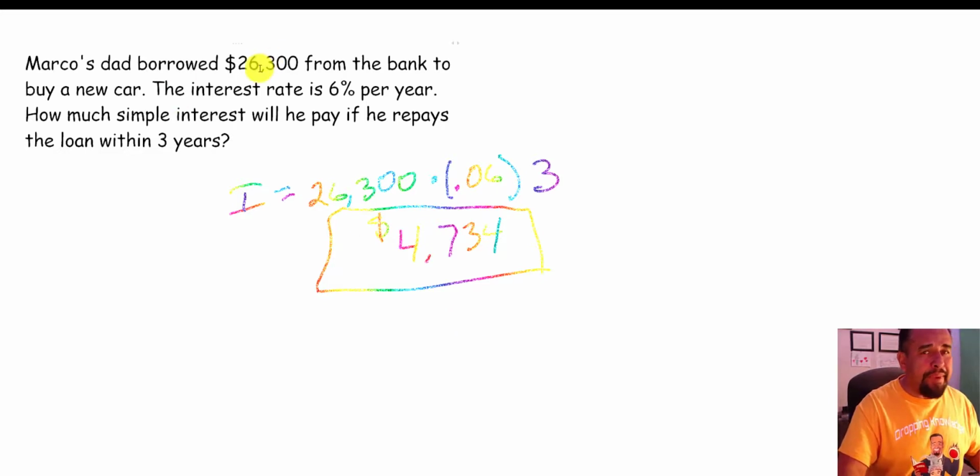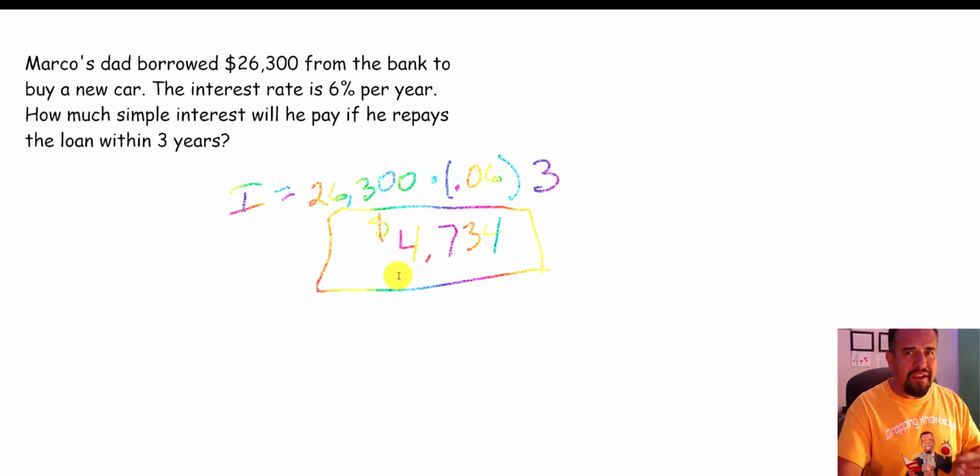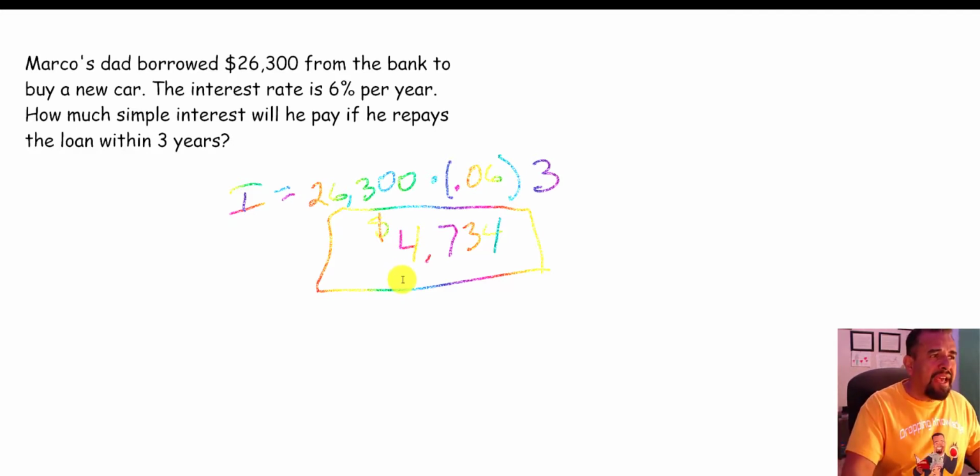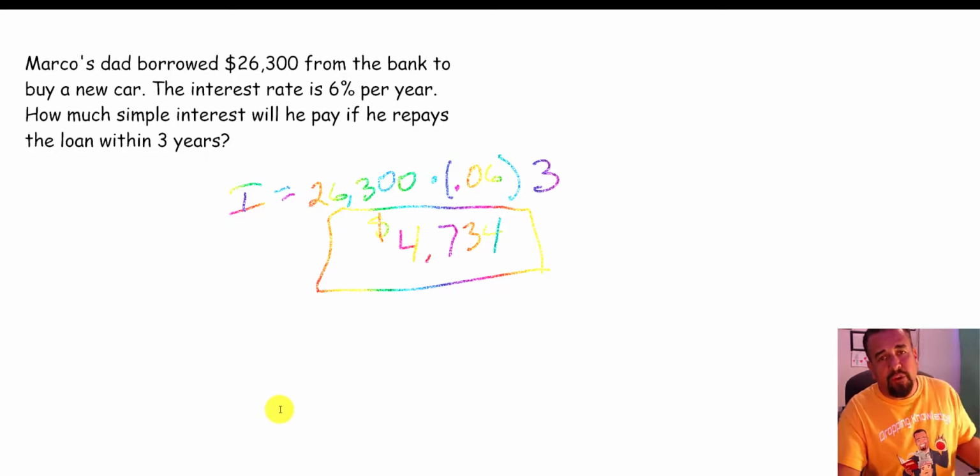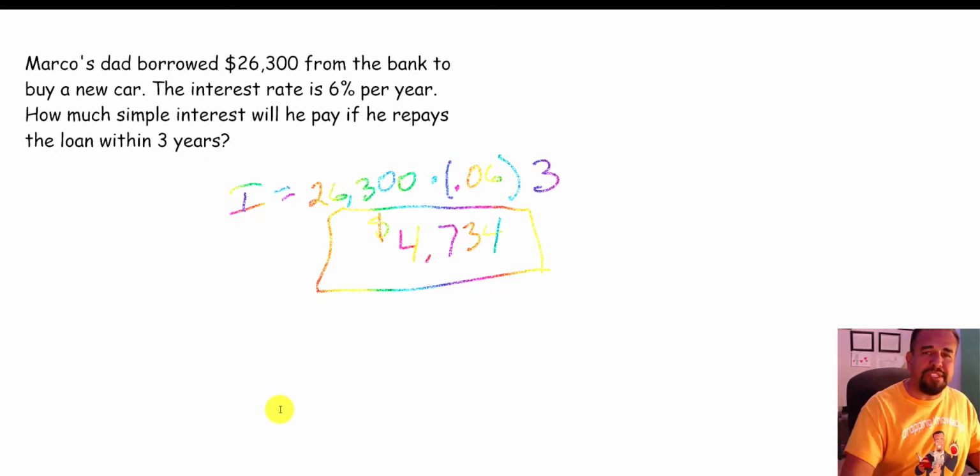He needs to pay back the $26,300 plus the $4,734. All right? So he's going to end up paying a little over $31,000 for that car, because he's paying $4,734 in interest and $26,300 that he originally borrowed, which is our principal.